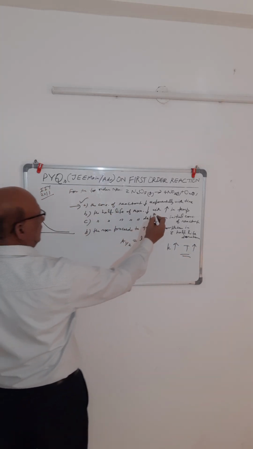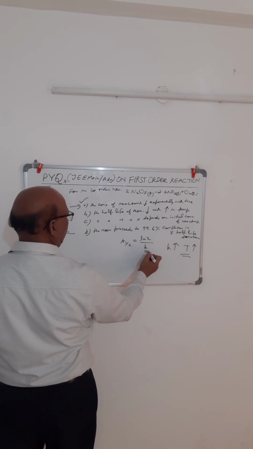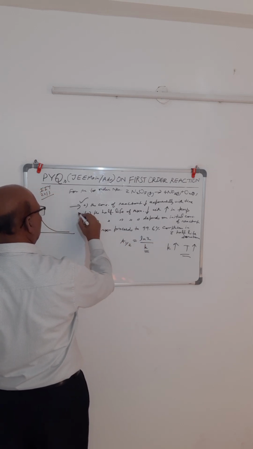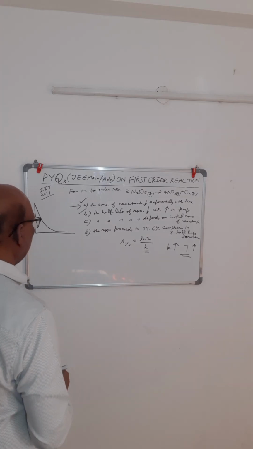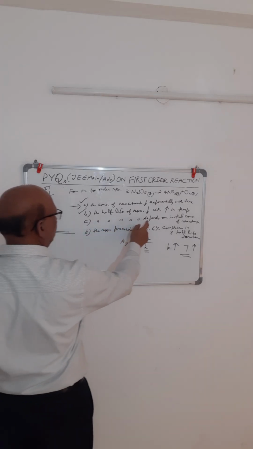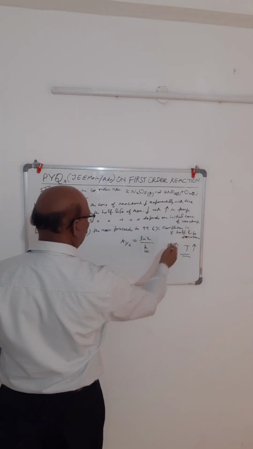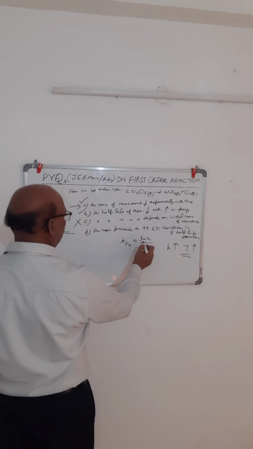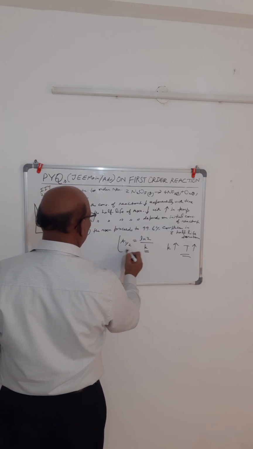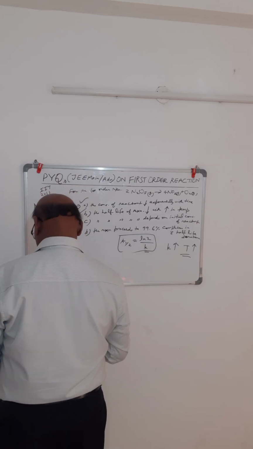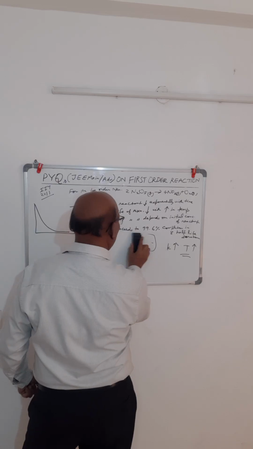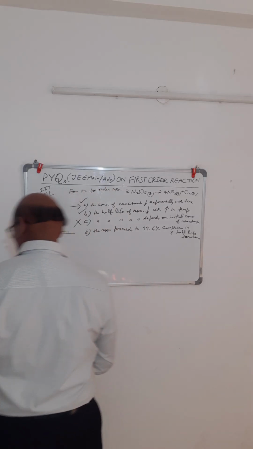So with increase in temperature, as the k increases, half-life will decrease. So this option is also correct. The third is half-life of reaction depends on initial concentration of reactant. So this is false, because half-life equal to ln2 by k, which doesn't depend on initial concentration.